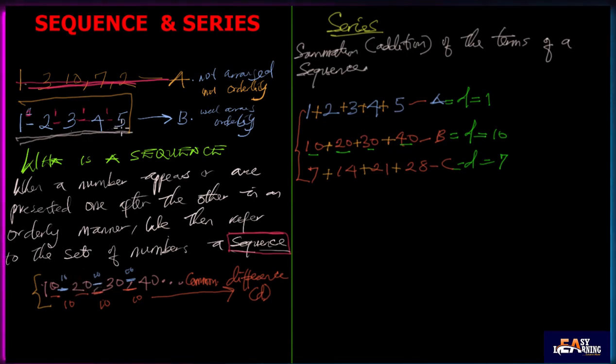This first one here is never a sequence, because it is not orderly and does not have a common difference. But sequences A, B, and C are sequences, and series is when you add up the sequence.